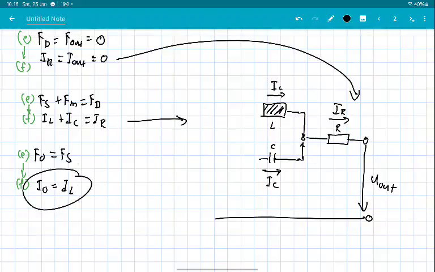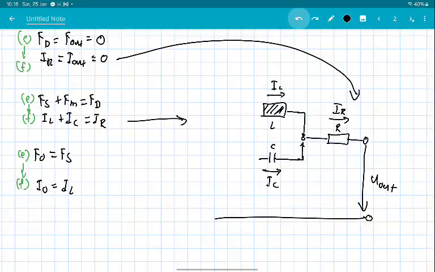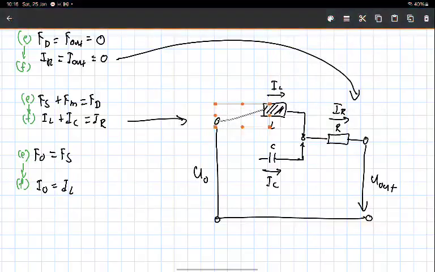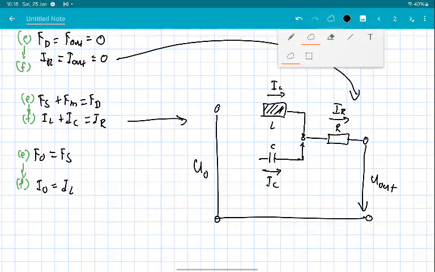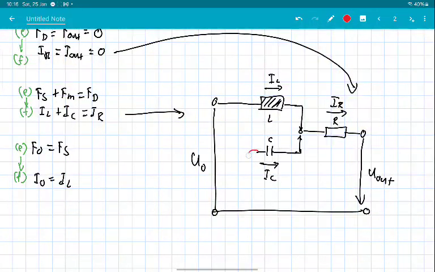Now from here, we know that I0 equals IL. So if we draw something like this, U0, we know I0 equals IL. I can make this a bit better. However, we have a free end here.